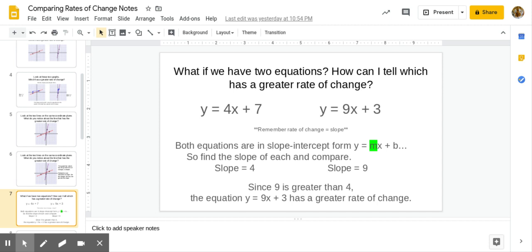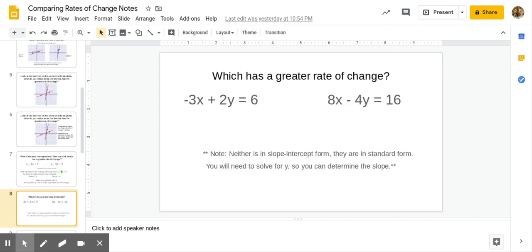In the equation on the left, the number 4 is the coefficient for x and is therefore the slope. In the equation on the right, the number 9 is the coefficient for x and is therefore the slope. So we are comparing the slopes of 4 and 9. Since 9 is greater than 4, the equation y equals 9x plus 3 has a greater rate of change.